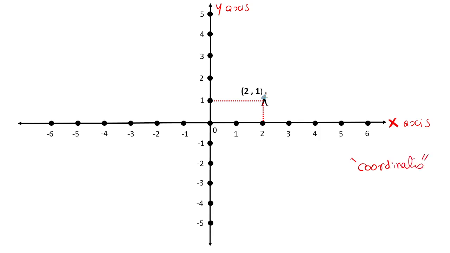We say that the coordinates or position of the person is (2, 1). 2 is said to be the x value or x coordinate. 1 is said to be the y value or y coordinate. Is that okay? Clear?